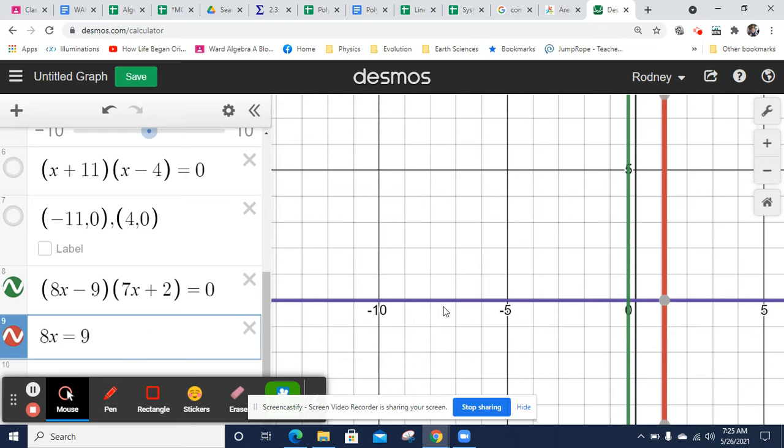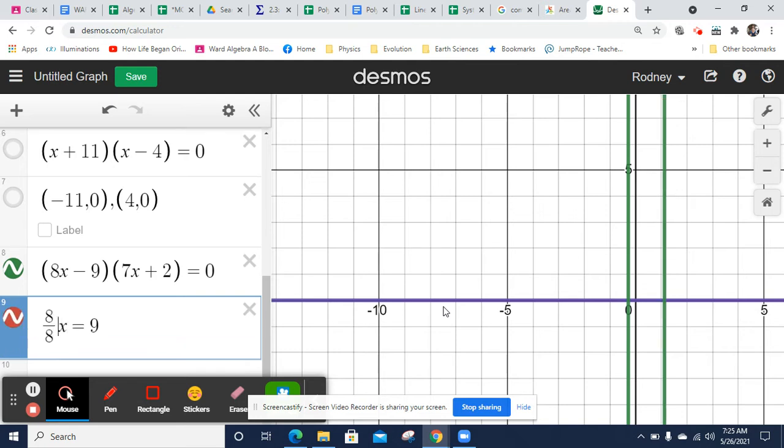Now I'm down to a one-step equation, and I'm just going to divide both sides by 8 to get rid of multiplication. And so 8 over 8 is just 1, so x is 9/8. So that's one of my solutions, one of my roots, one of my zeros, one of my x-intercepts; they're all words for the same thing.